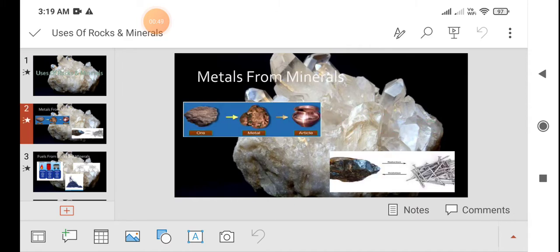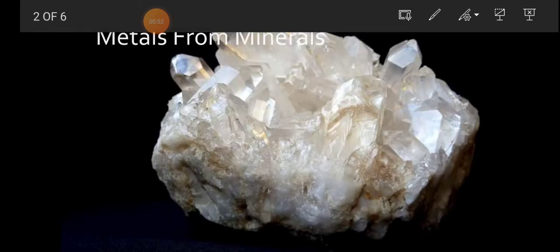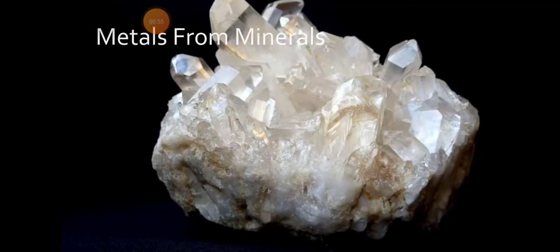A mineral from which a metal can be extracted is called an ore. A metal is extracted from the mineral that's known as an ore.